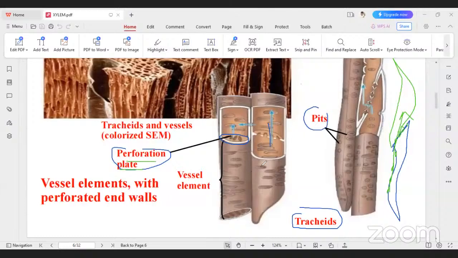And in tracheids, through the pits, can water come out of the cells, or can it only be interchanged between two cells? Interchange between two tracheids only. The pits connect to the adjacent tracheid cells. Okay, sir. Thank you.